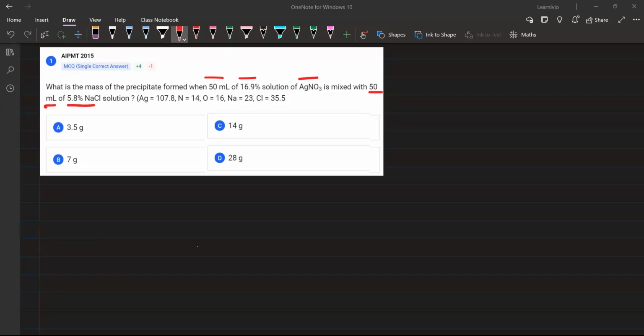But here they are saying that it is only 50 ml of the solution. ठीक है, तो 16.9 का आधा कर लीजिएगा आप, and similarly for 5.8 का भी आपको आधा करना पड़ेगा, because we are not having the complete 100, we are having only 50. Take 2 minutes for this.